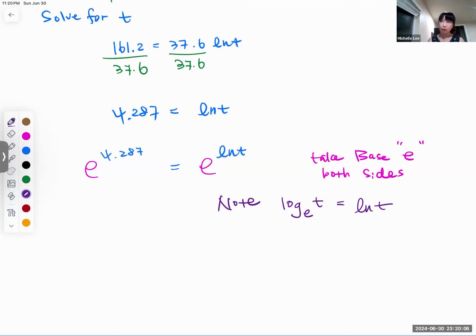Same, right? Okay, that means if we have a logarithm, then what's the base?